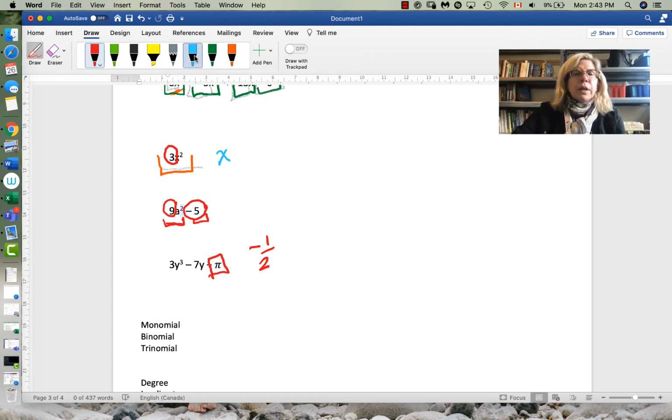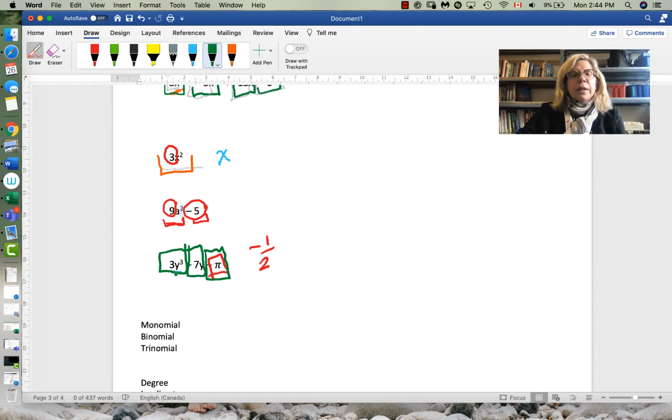So the variable is y, and the term is 3y cubed. Then minus 7y is the other term, and pi is the third term. So there are three terms, because they're separated by plus or minus.